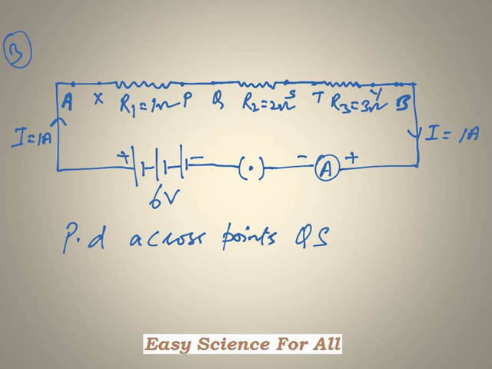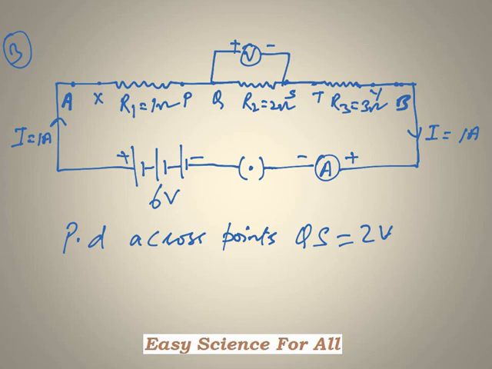In the third step, again disconnect the voltmeter from points X and P and insert it between points Q and S in the following manner. You'll find that the voltmeter will indicate a reading of 2 volt between points Q and S. So the potential difference across points Q and S would be 2 volt.